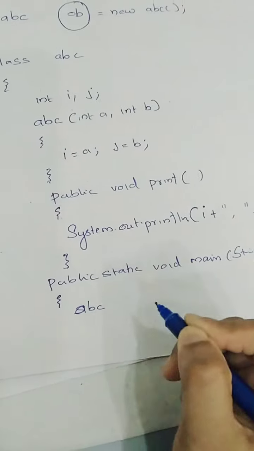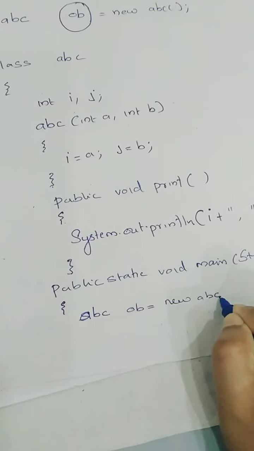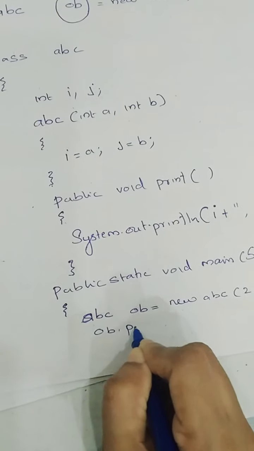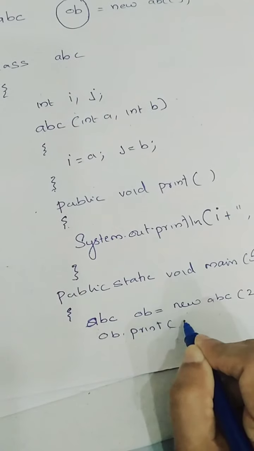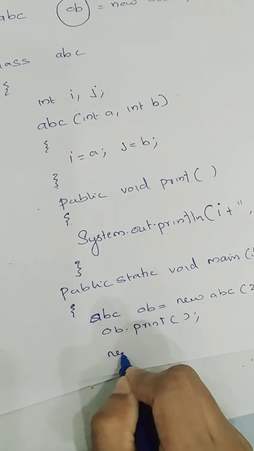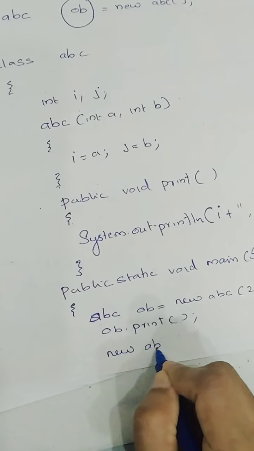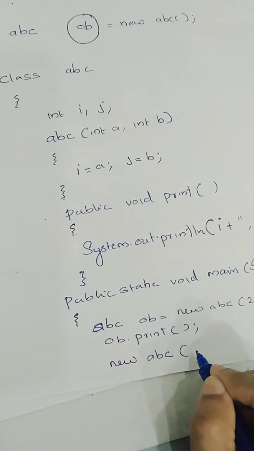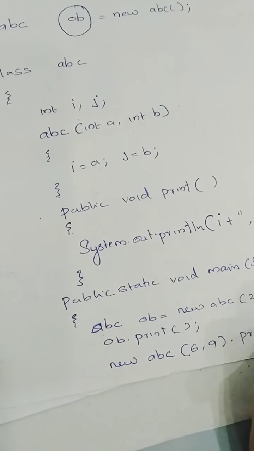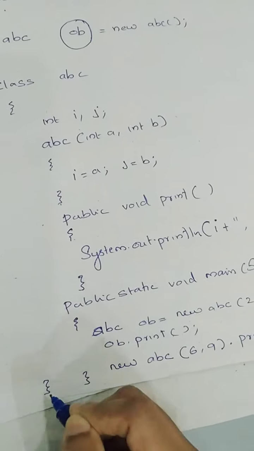My class name is ABC, OB is equal to new ABC 2 comma 5, ob dot print of. Next, I am writing the temporary instance: new ABC 6 comma 9 dot print of. Now I am closing the main method and I am closing the class.